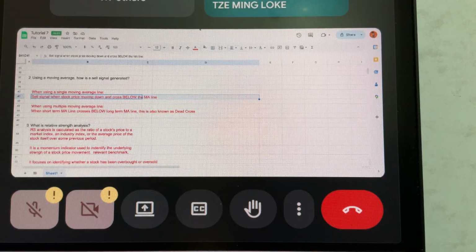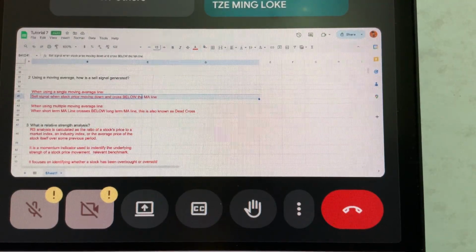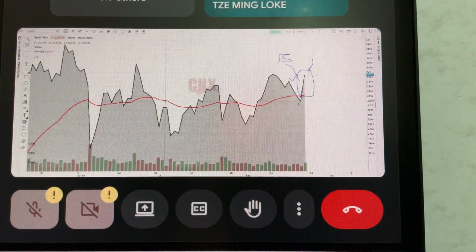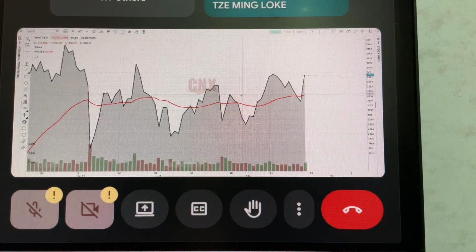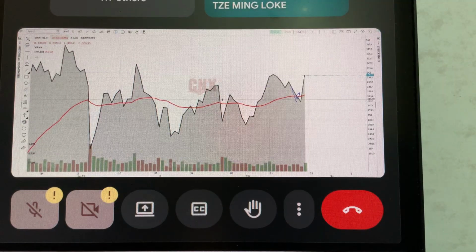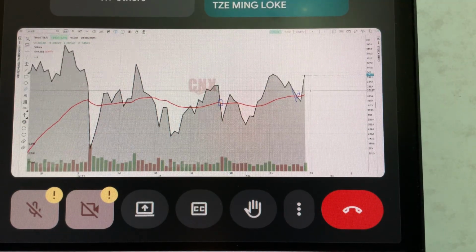So in other words, the sell signal happens when it cuts from the top to bottom. So this is the sell signal. This will be the sell signal.